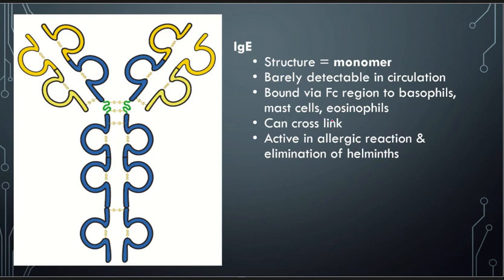But these are particularly special because of their FC regions. So basically, the antigens to things like helminths, which are parasitic worms, and arthropods, and even allergens, will bind to the FAB portion of the IgE.